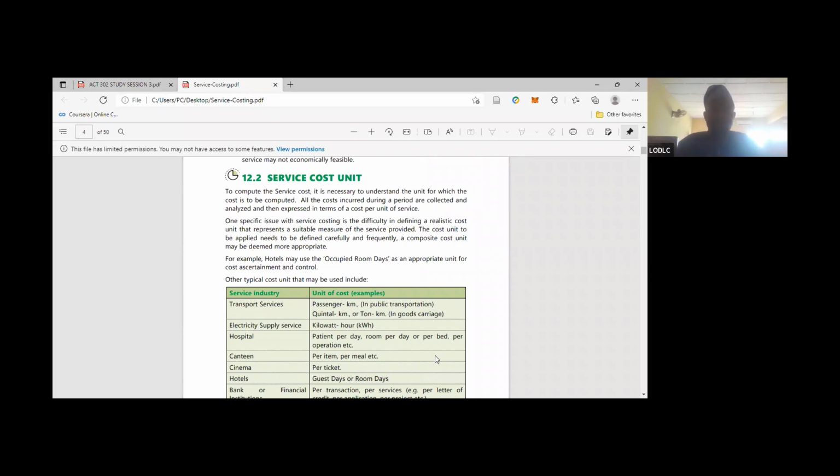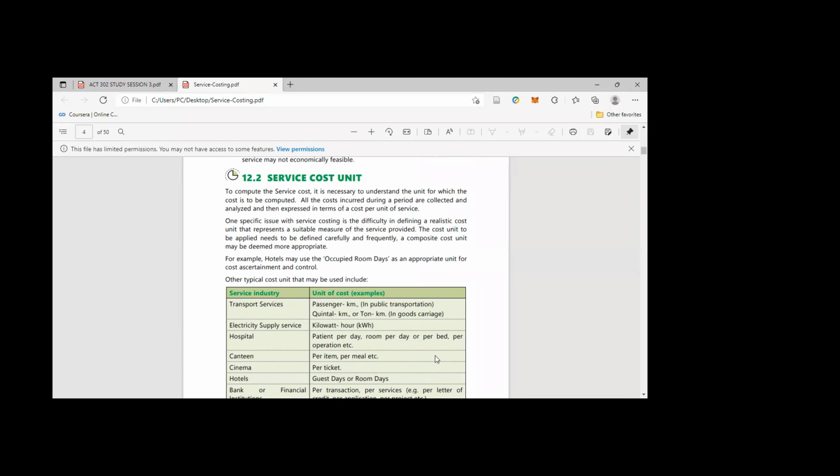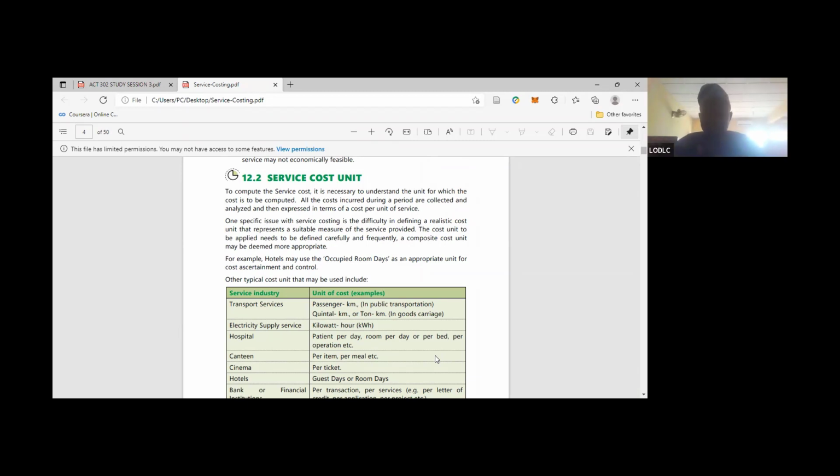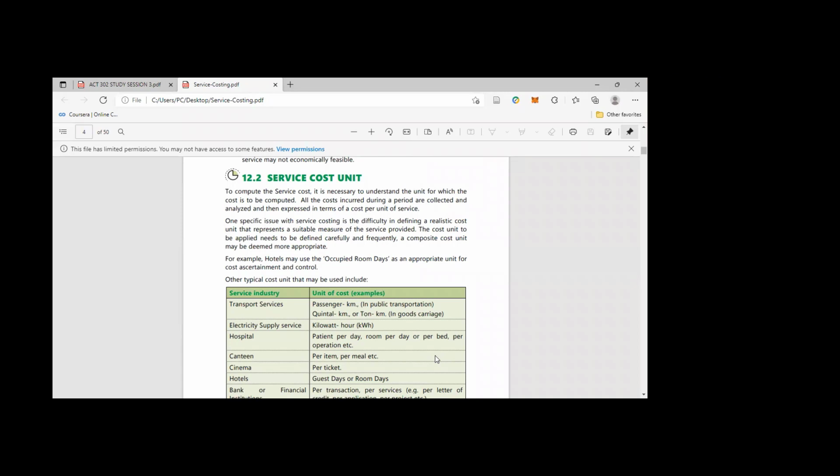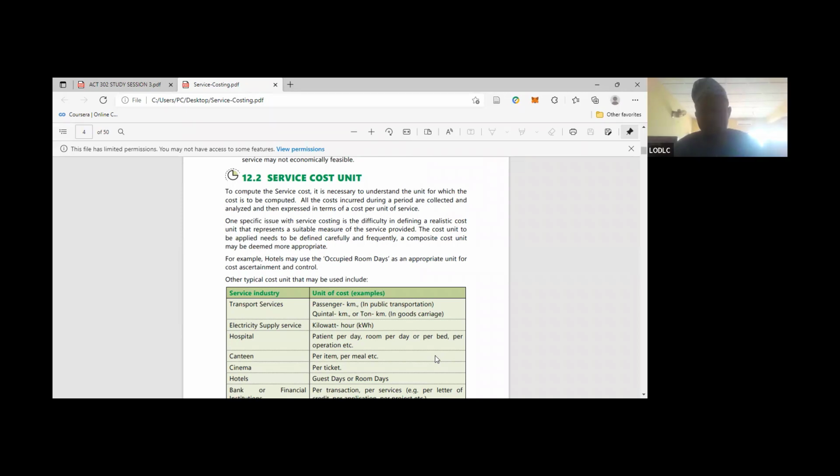Let me give an instance. When you are talking about transport service, you'll be talking about passengers. So what unit of cost can you use to measure passengers? Kilometer, if it is public transportation. We have a quinta, which is also measured in kilometer or ton, when you are talking about goods carriage.